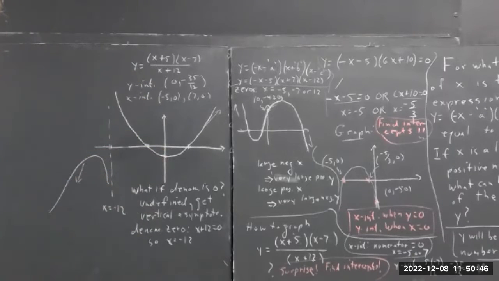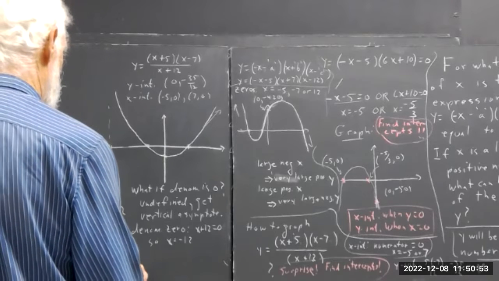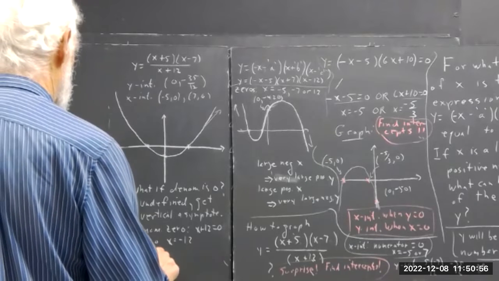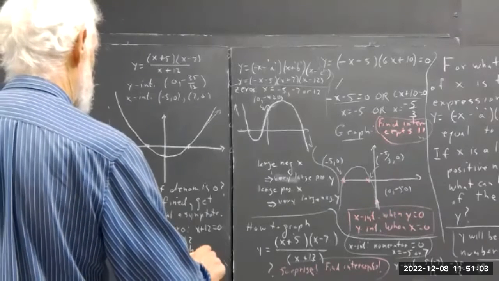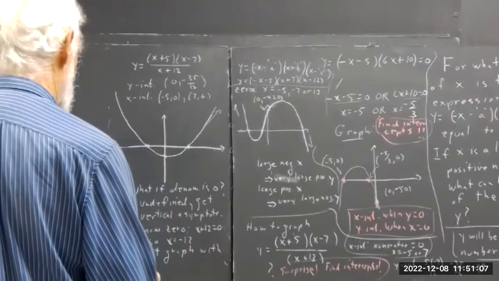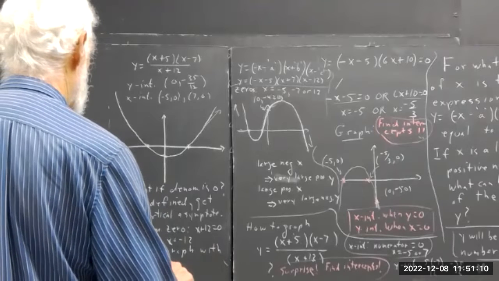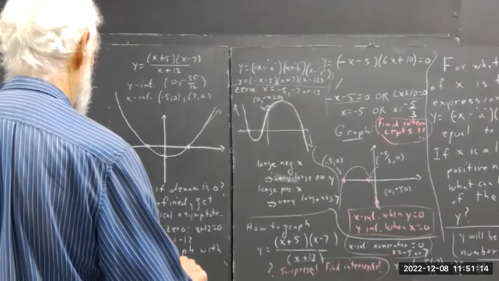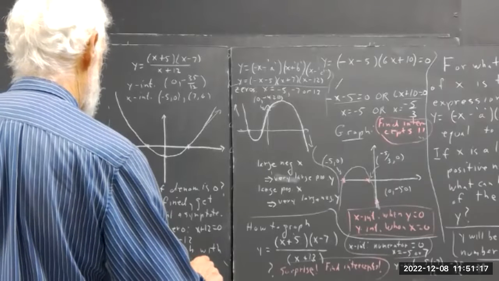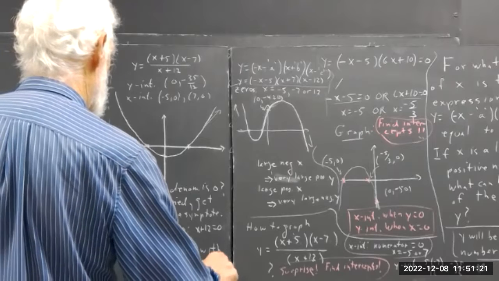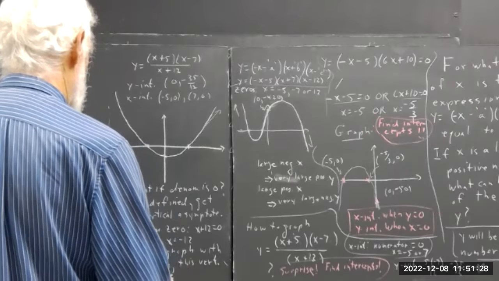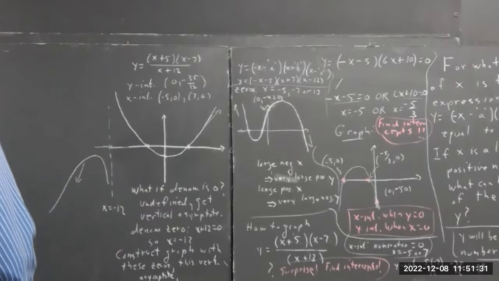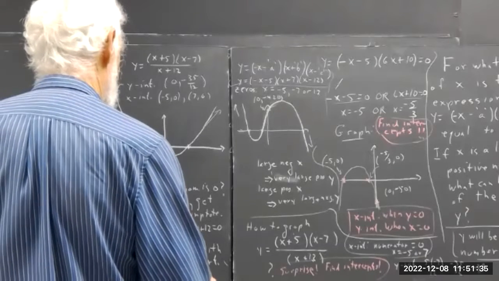But if we ignore the idea of slant asymptote, with this vertical asymptote and behavior.